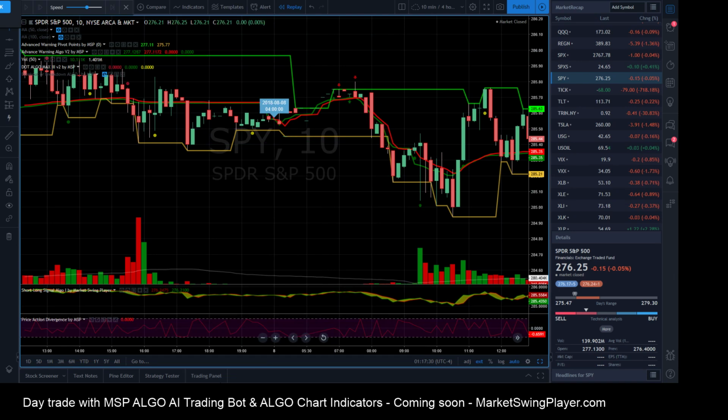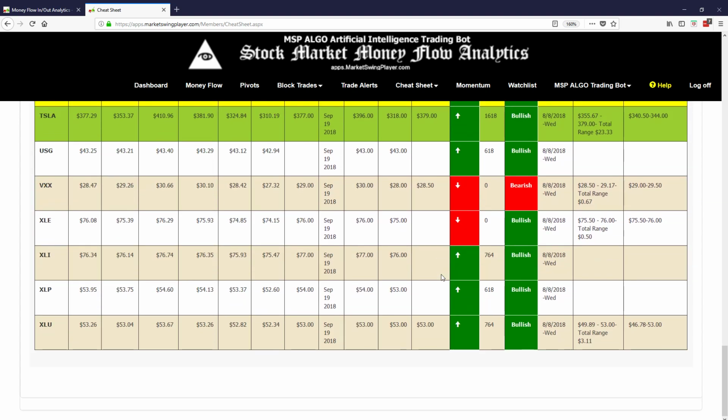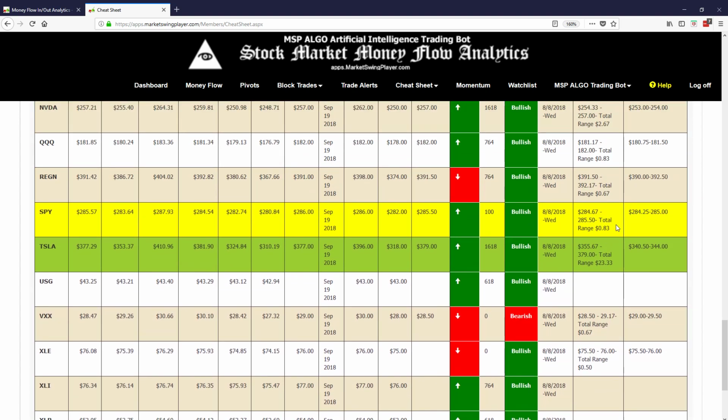So there's pre-market here, and we're going to look at SPY. Have that highlighted, so it says 83 cents. We've got 284.67 and 285.5, so that means this is about $1.